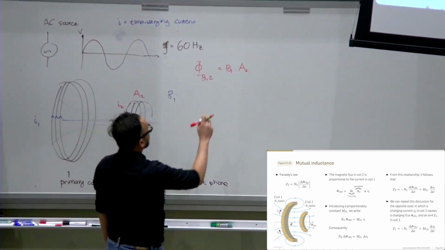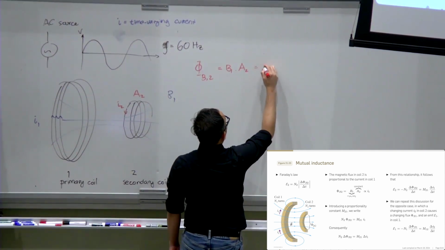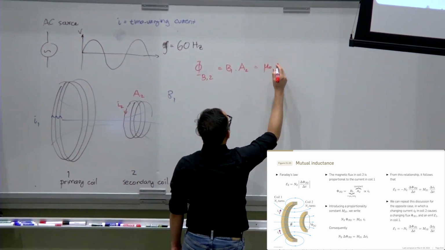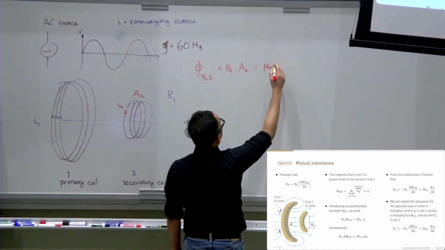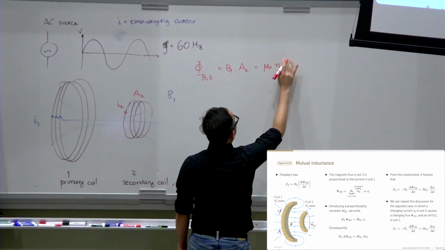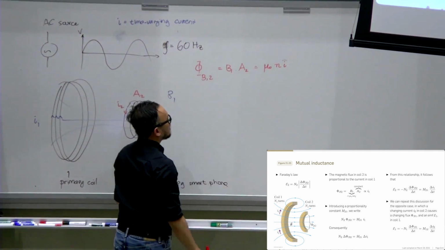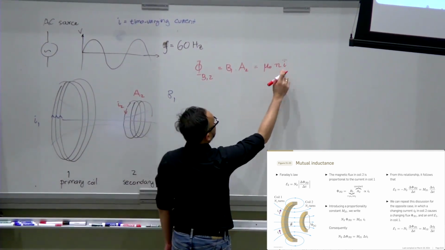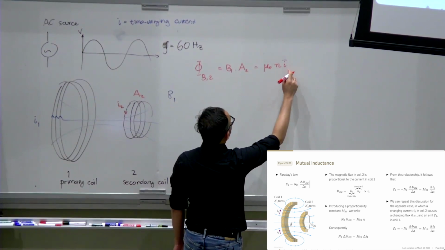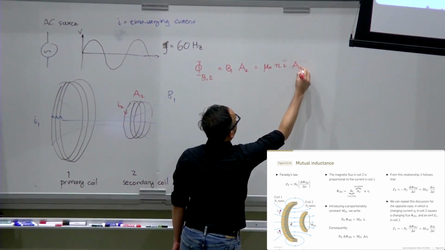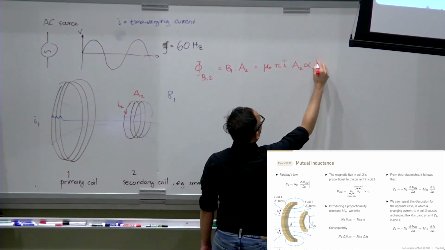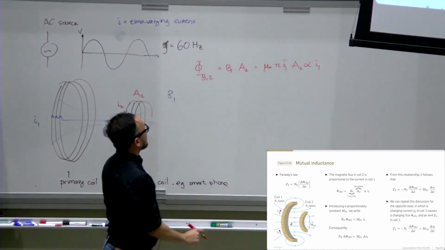If you want to be exact, B1 is mu naught N times small i, and I use a small letter here because this i depends on time, times A2. Basically, it's proportional to I1.